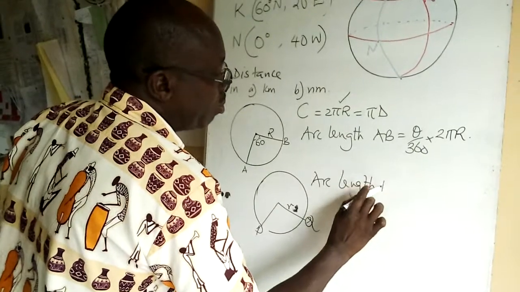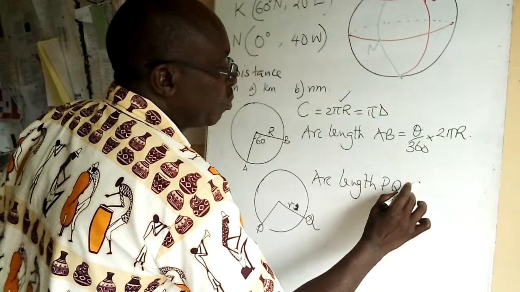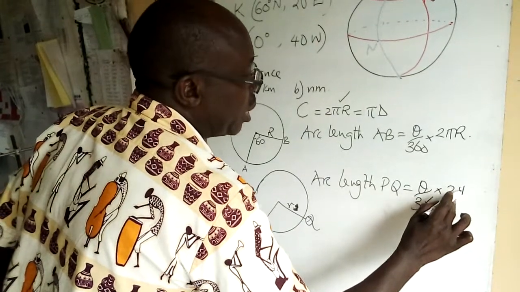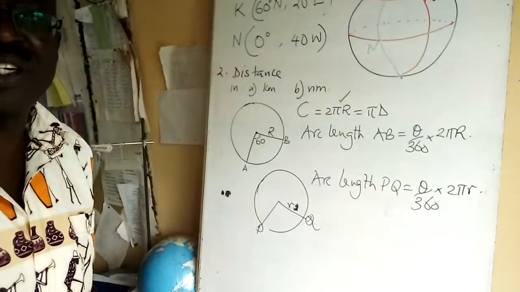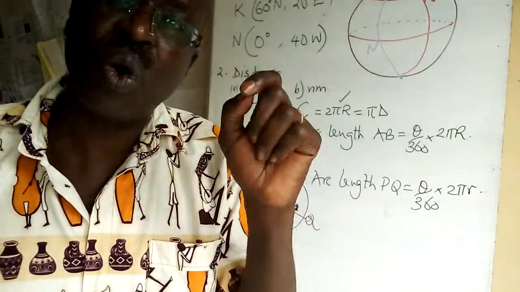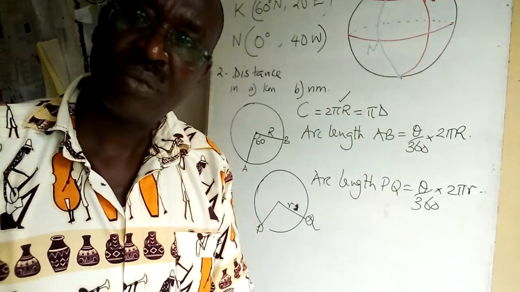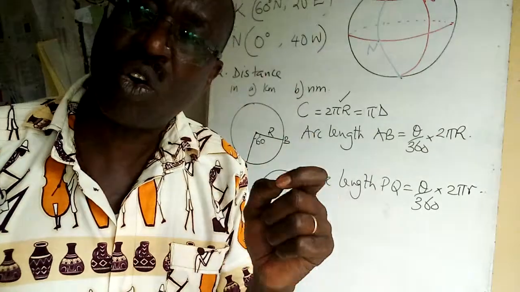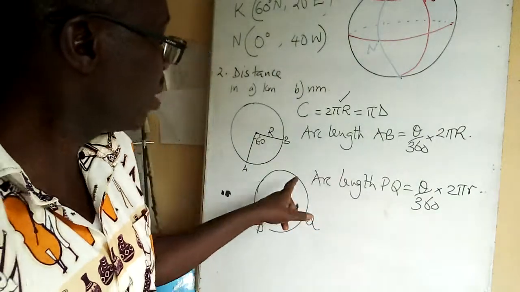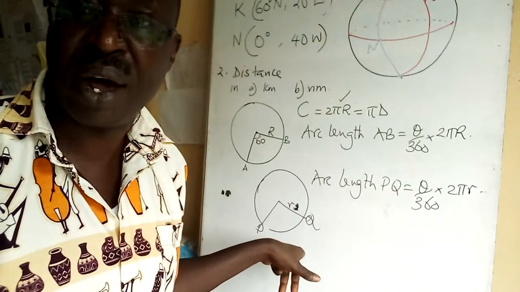Arc length PQ will be theta over 360 times 2 pi r. That is the difference. The r is the radius of the circle you are talking about. Okay? It is the circle you are referring to. I'm referring to this circle whose radius is small r.